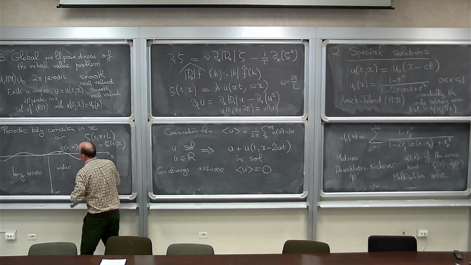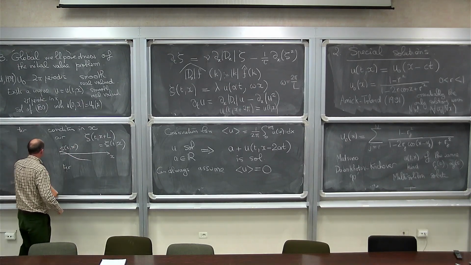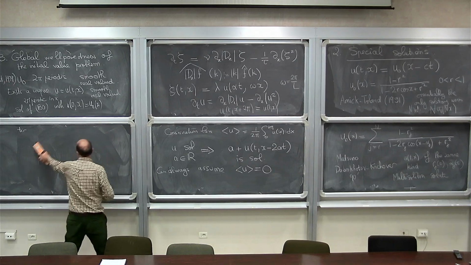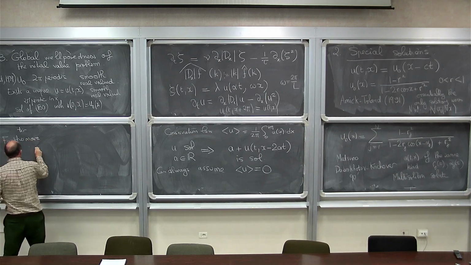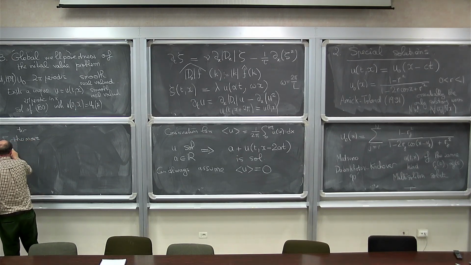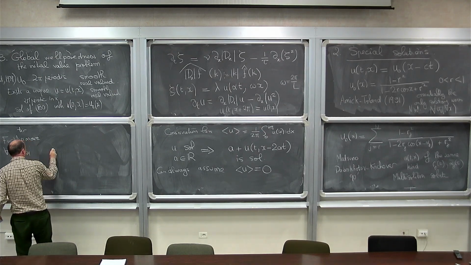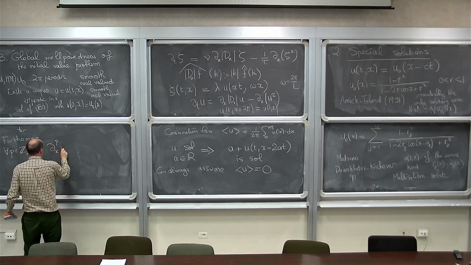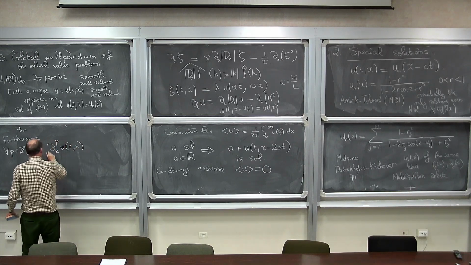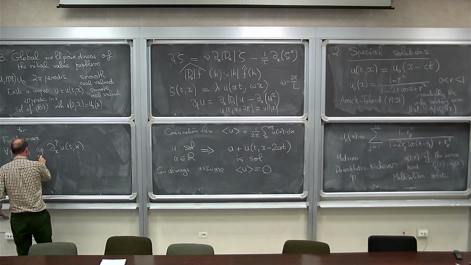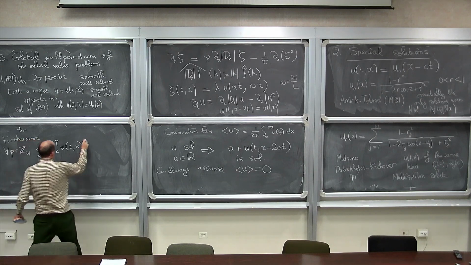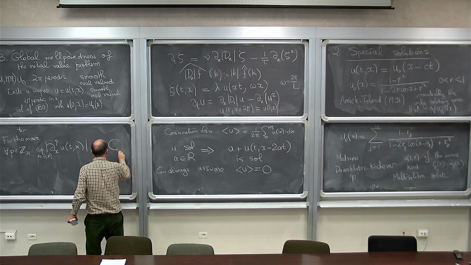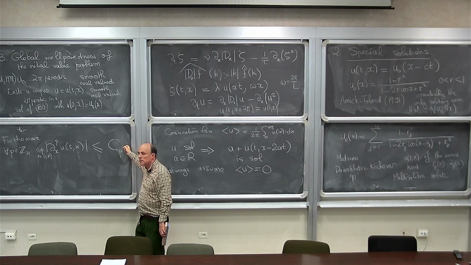Namely that all the derivatives, furthermore, all the derivatives, so if I take any integer, all the derivatives of my solution, and I take the supremum on x from 0 to pi, say, of this, are bounded uniformly with the time.